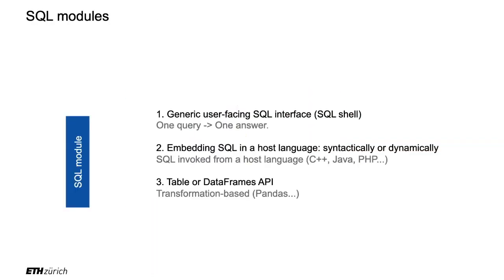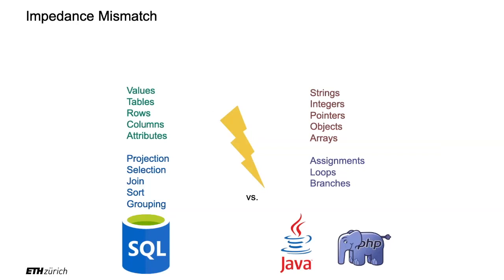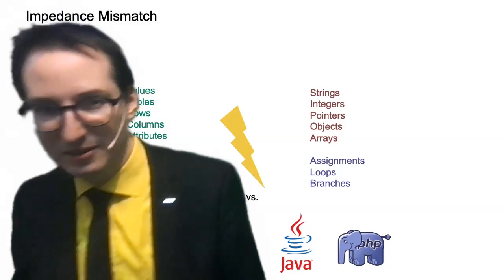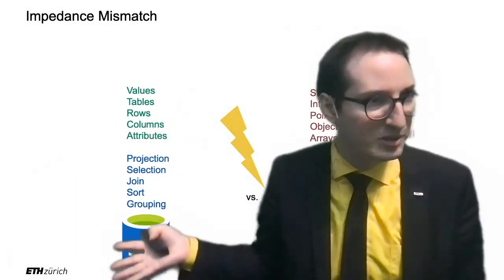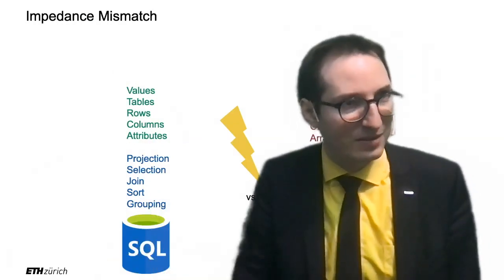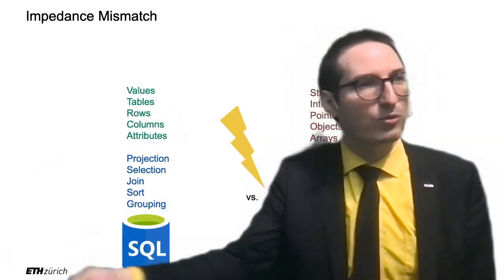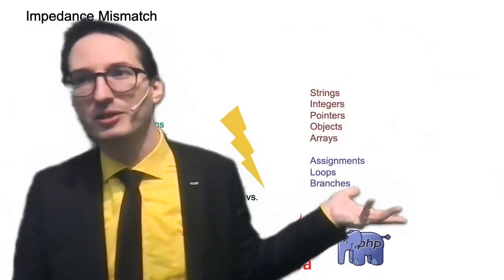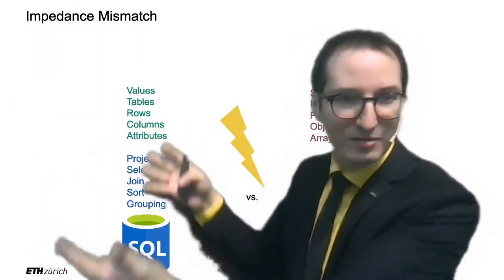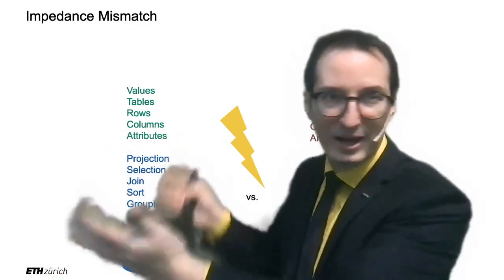Okay, now here's the problem. And this is why it's actually much more complicated than it seems. What's happening right here is that you want to query the database and you need to use SQL. That's the native language of the database. The problem is that the programming language that you use for your website, PHP, Java, and so on, is completely different, right? SQL is a declarative language. You project, you select, you group by, you aggregate, and so on.